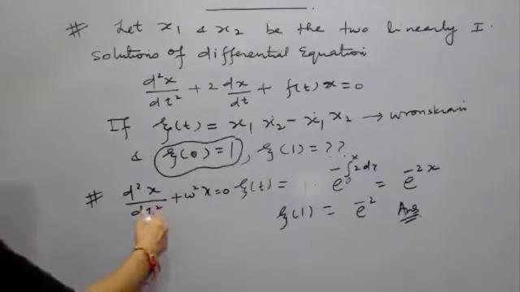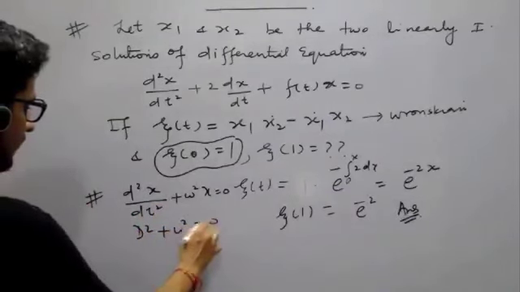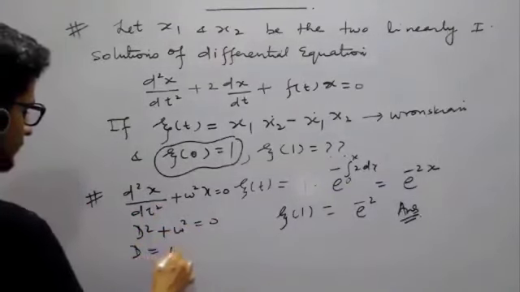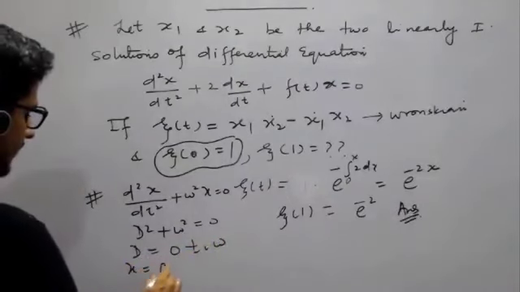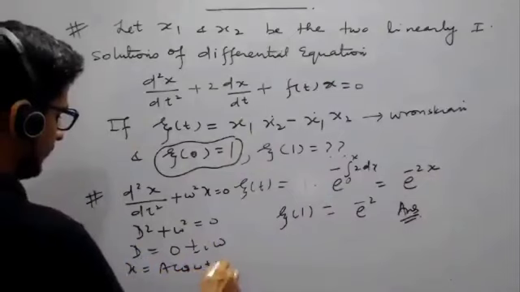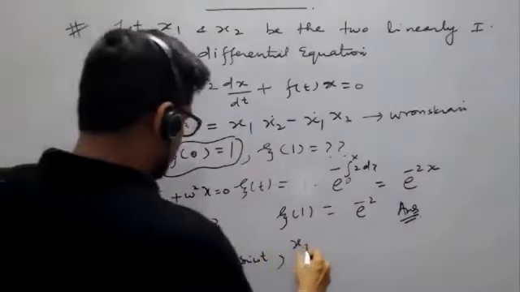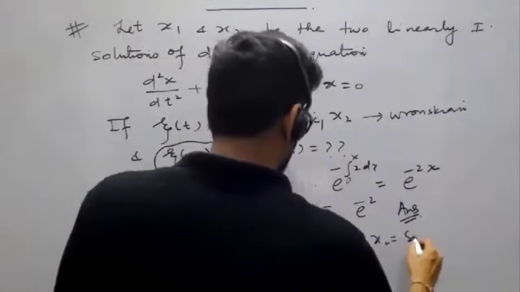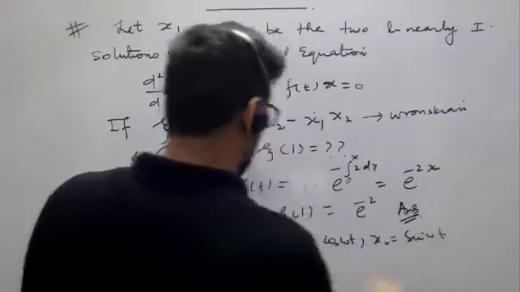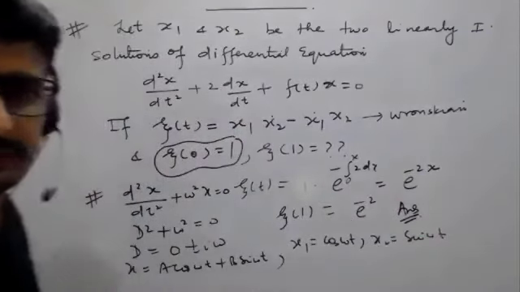But we can follow another method which you have learned: d square plus omega square is 0, and d becomes plus minus iota omega. So x becomes a cos omega t plus b sin omega t. So the value of x1 will become cos omega t, and x2 will become sin omega t. Calculate the Wronskian quickly. Independent solutions are known.